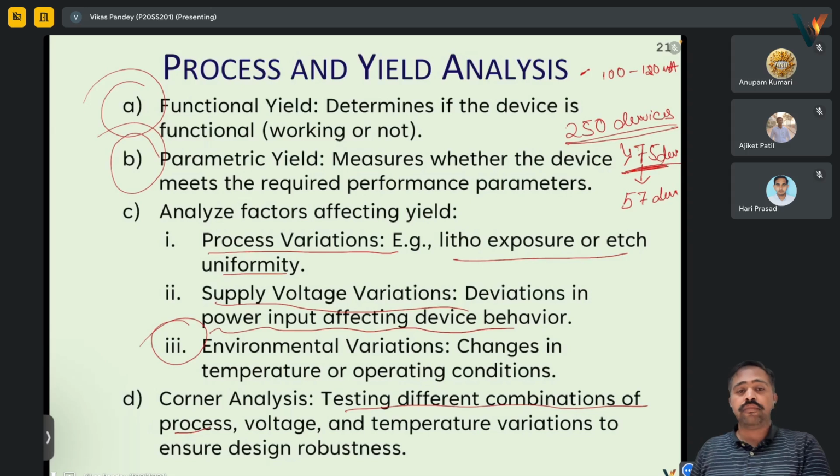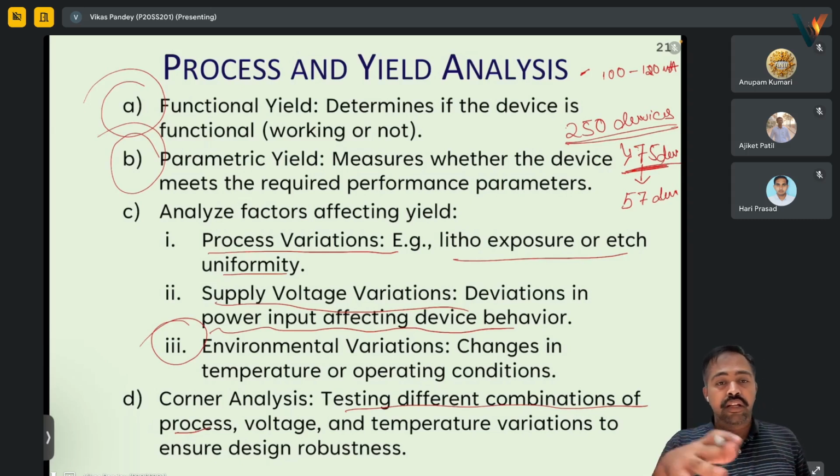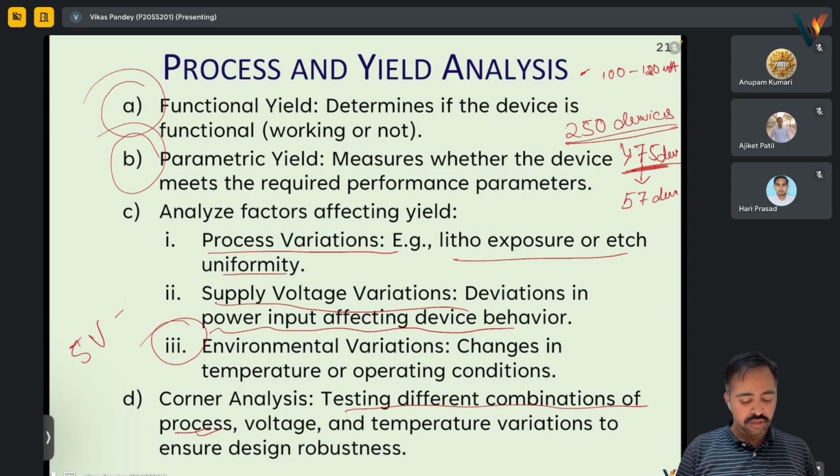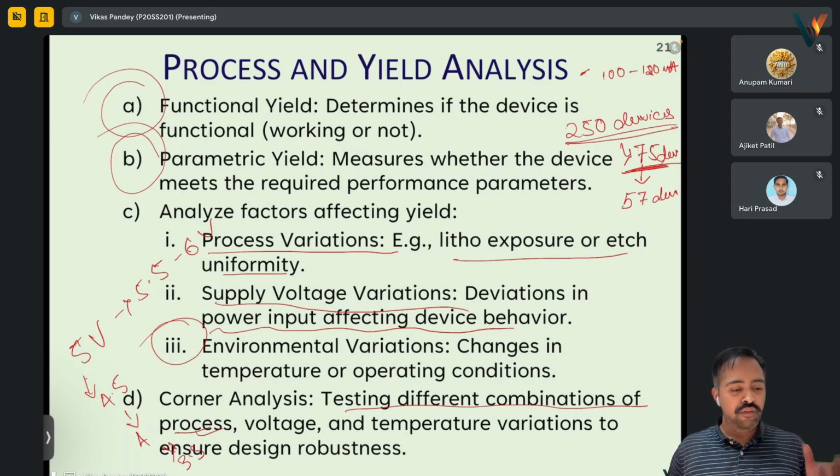So if we purposefully maintain different kinds of environment, like say the same device is tested at different temperatures, different humidity, different supply variations, like we will start with 5 volt, 5.5, 6, we'll check all, then we will go down 4.5, 4, and 3.5, and we will check that for the variation we are giving, still how much it is.